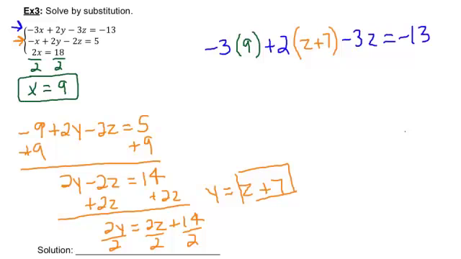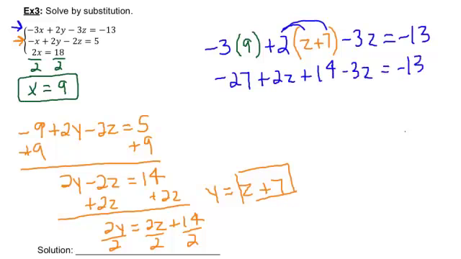So again, notice we only have z's in our equation, so we're going to solve for z. Now the first thing we can do is simplify, so we have negative 3 times 9, which is negative 27. To get rid of the parentheses, we have to distribute, so this is plus 2z plus 14 minus 3z equals negative 13.